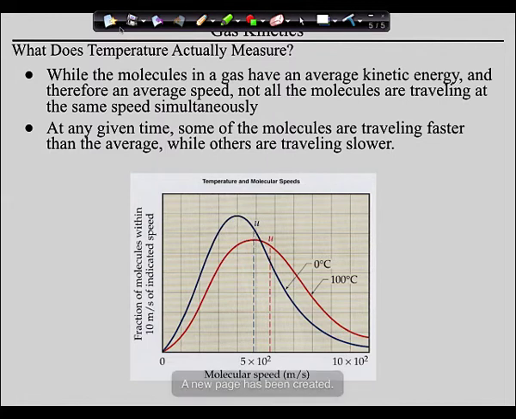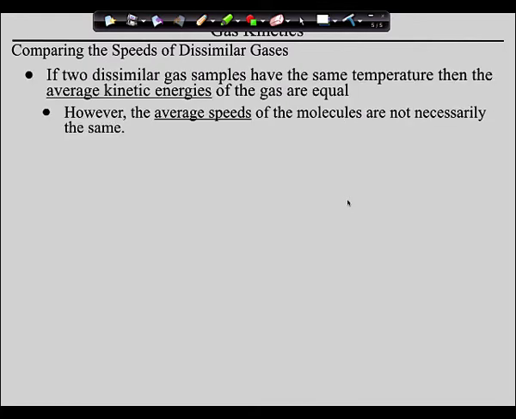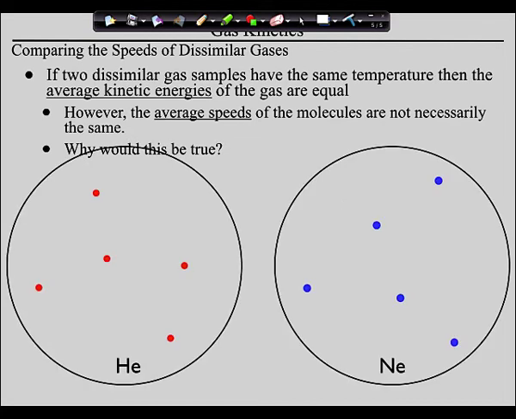You good? All right. So guys, one last thought and we are done. So now let's talk about dissimilar gases. We've already done this, right? What did you learn? If the temperatures are the same, the lighter gases are moving faster and the heavier gases are moving slower. It's the dump truck and the baseball, right? So guys, if you want it in word form, it goes like this.